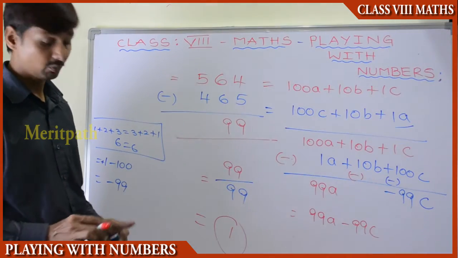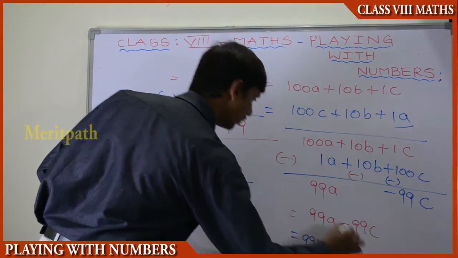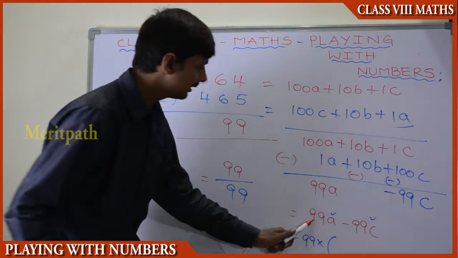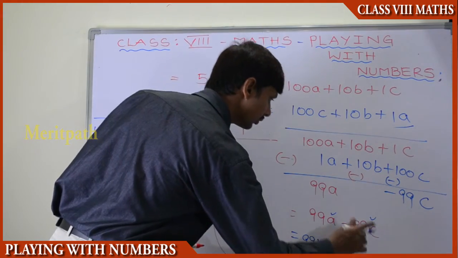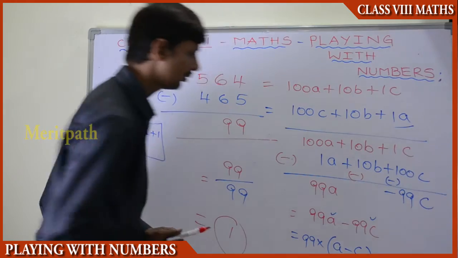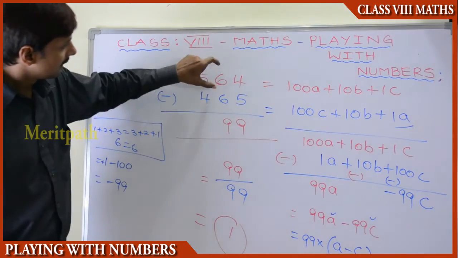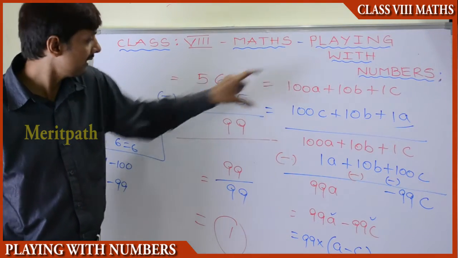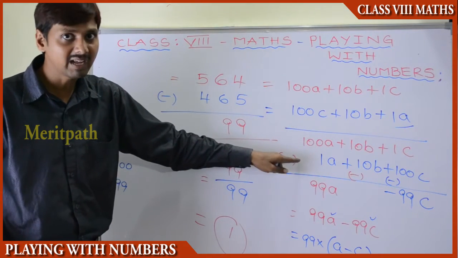Using the distributive property, we can take 99 in common. When we take 99 in common, A will be left out, and we get C. So we get A minus C. We have taken a 3-digit number, reversed the digits, and subtracted both numbers.